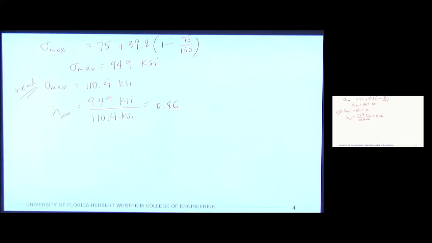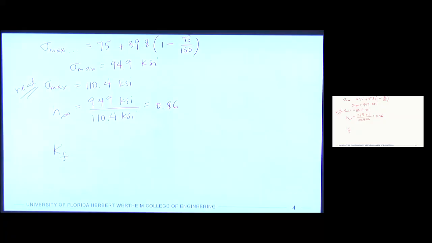Okay, so if we don't have infinite life, how many cycles do we expect this thing to last? If we could assemble, let's say, sort of an SN curve, and then we looked at that, how long would we expect this thing to last? Well, let's look at that in a little bit more detail. There's a nice discussion in the book of this fatigue stress concentration factor, KF.